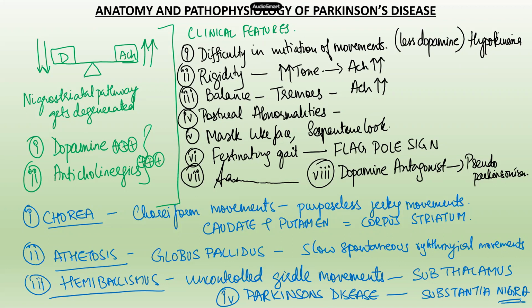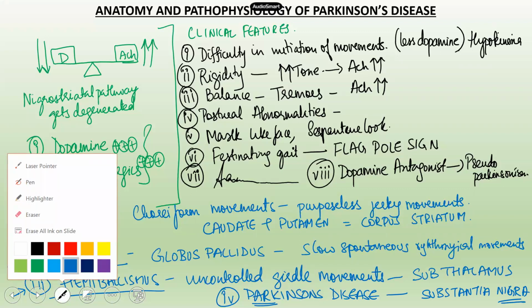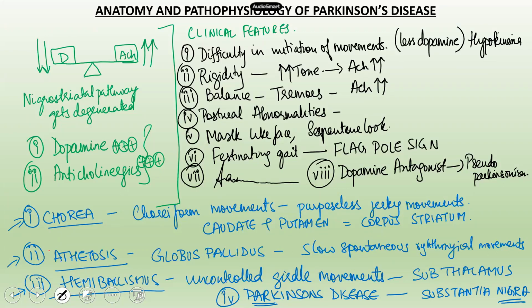So apart from the abnormal movements that are seen in Parkinson's disease, these are also the other things that you have to remember. Chorea, athetosis, and hemiballismus. Now, chorea, we have got actually two examples that are asked time and again. First is your Huntington's chorea, wherein what happens is, we have studied about the GABA neurons.